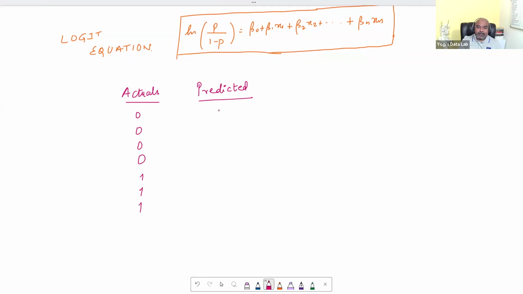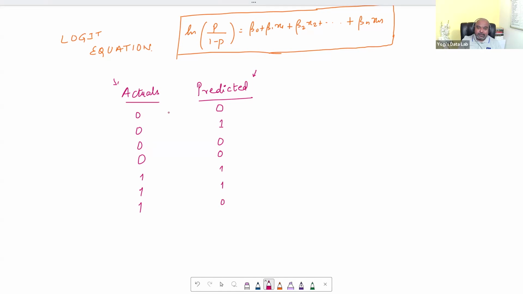A zero can be predicted as a zero, and a zero can even be predicted as a one. A one can be predicted as a one, and a one can even be predicted as a zero. This is what was given to me in the data, the actuals. When I built a model and predicted, this is what I predicted.